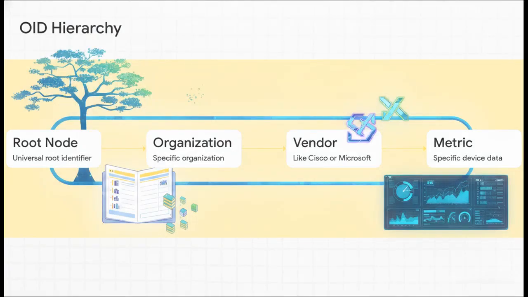You just have to think of an OID exactly like a library sorting system, or even a file path on your computer. It reads left to right, it starts at a universal root node, then drills down into the specific organization, then the vendor, like Cisco or Microsoft, and finally arrives at the exact metric you want, like interface bandwidth. Once you actually know the system, that scary random number becomes a highly precise navigable address.